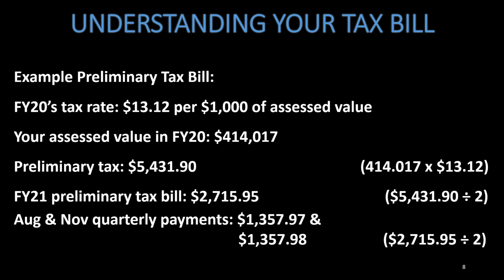Obviously, because 95 cents divided by 2 isn't an even number, on one payment it's rounded up to make up the difference that you don't pay in the other quarter, because you can't pay 97.5 cents. August's and November's quarterly payments would be virtually about the same.